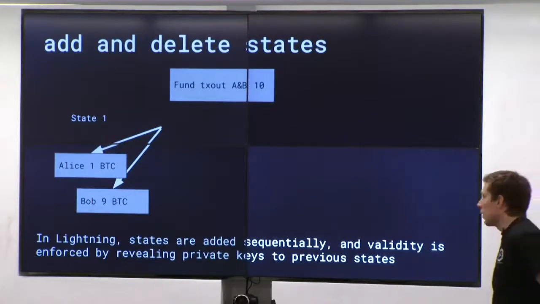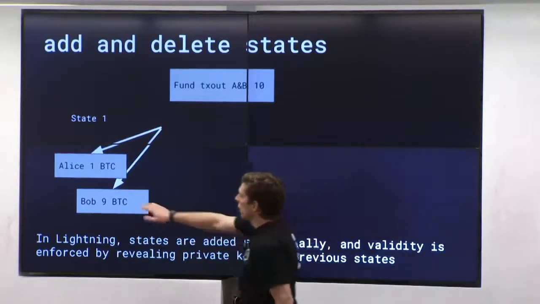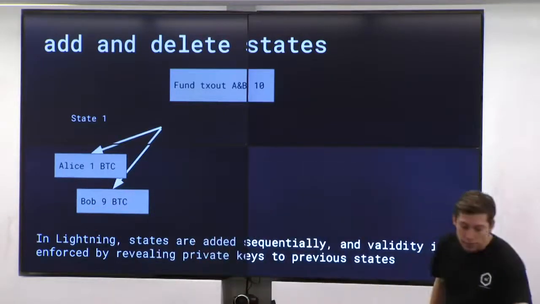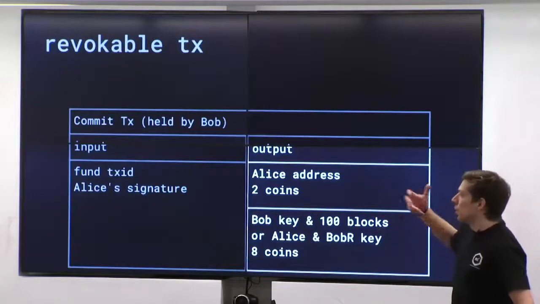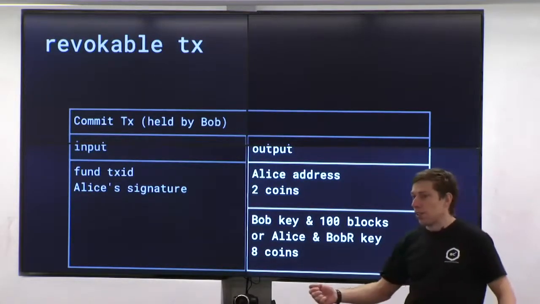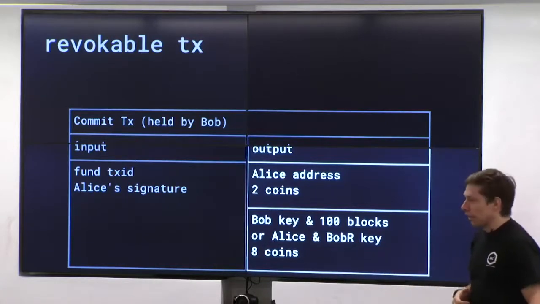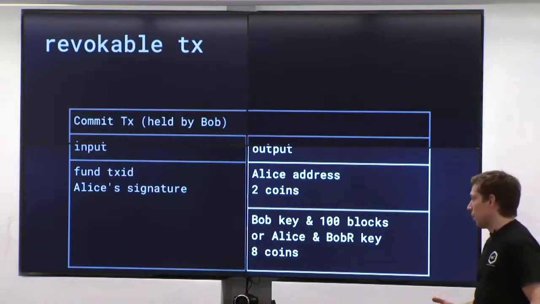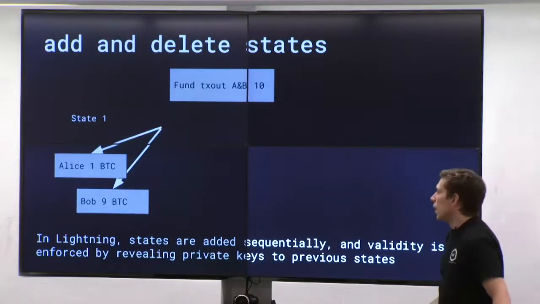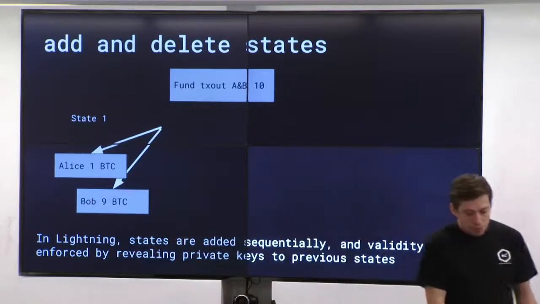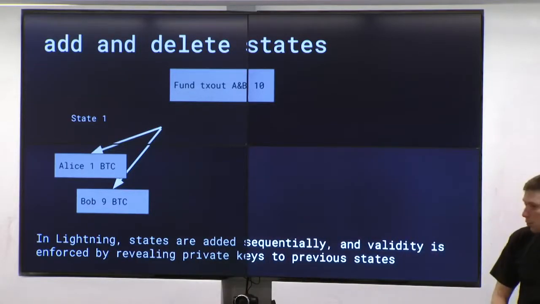And then you construct these. So when I say Alice 1 Bitcoin, Bob 9 Bitcoin, it's of the format in these, right? The person who holds that transaction has a transaction where the other party gets the coins immediately, and their own coins have this lockup period and can be grabbed by the other party if they revoke them. So initially the state is Alice has 1 Bitcoin, Bob has 9. There's 2 different state 1 transactions, one held by Alice, one held by Bob.